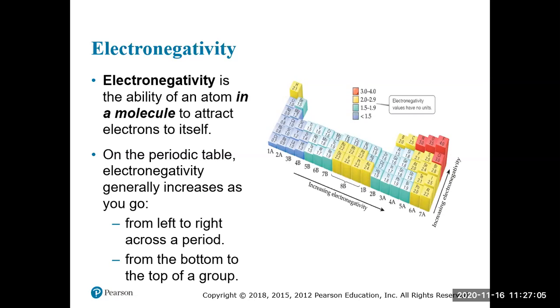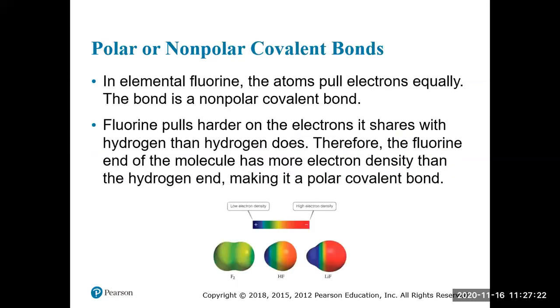If you're going to learn one thing in this chapter, this is a real important thing to learn. In general, electronegativity is the ability of an atom in a molecule to attract electrons to itself. Going back, in lithium fluoride, for instance, given fluorine's ability to attract those electrons, we would suspect that it's probably pretty electronegative.